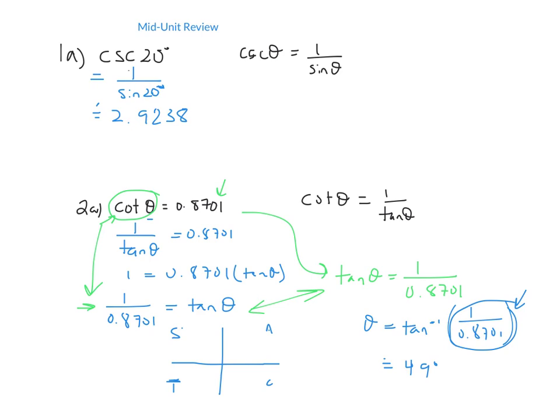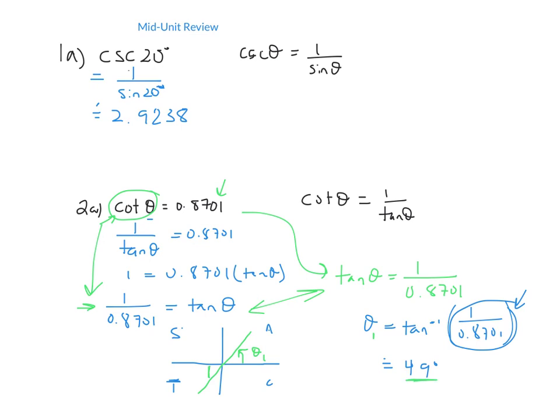So the calculator gave me that principal angle in the first quadrant. So 49 degrees would be this angle here from the positive x-axis up to there. That's our 1 theta, so I'll call that theta 1. The other answer will be in that third quadrant, and the related acute angle is equal to that 49 degrees that we found.